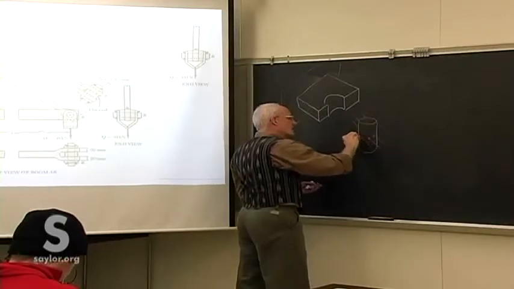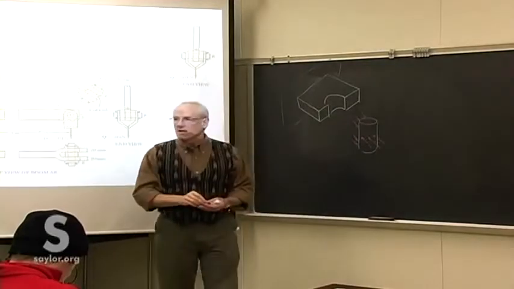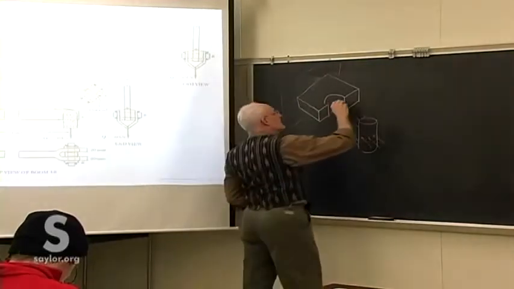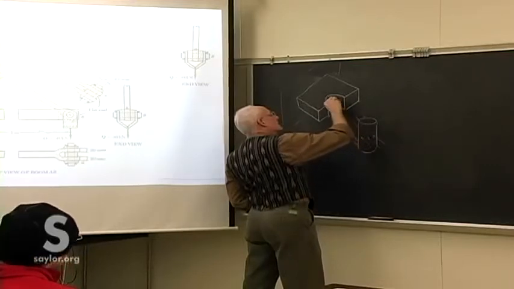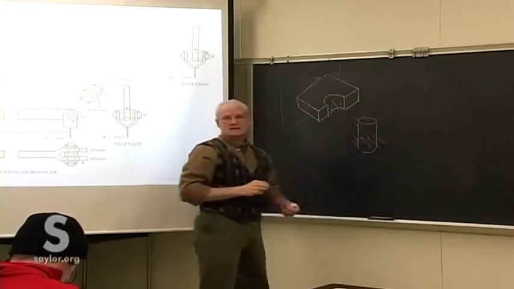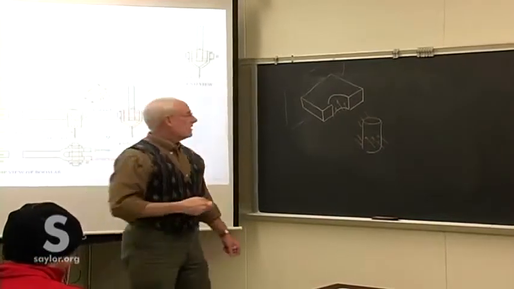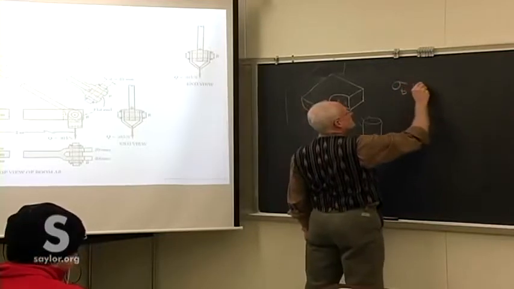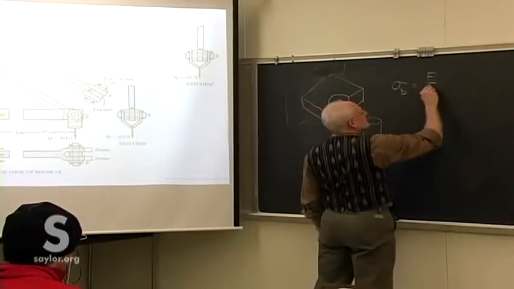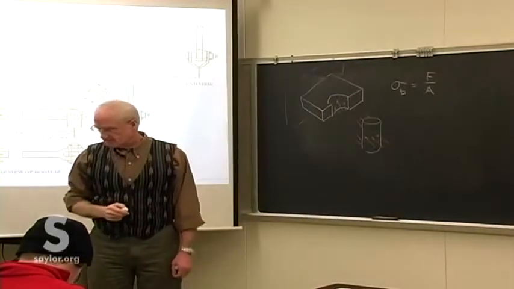It's hard to draw, it's on the back side of that pin back there. And the pin itself is pressing on this bracket as it fits in the piece there. Now again, the bearing stress is the force divided by the area that's withstanding that force.